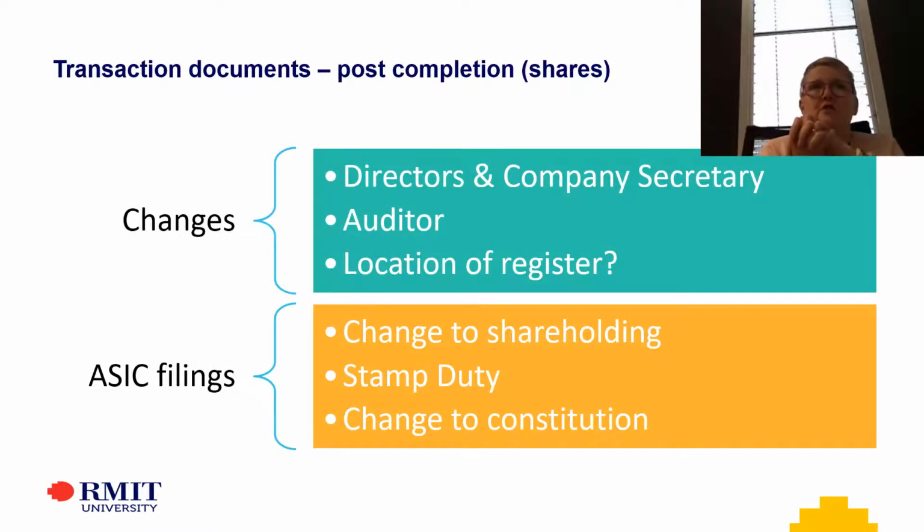When we have share transactions, clearly we need to make some changes to directors, to company secretary, to the auditor, could be to the location of the register, etc. ASIC has lots of different forms for lots of different things, and often the easiest way to work out what they are is to just go on the website and see what you have to lodge a form for.